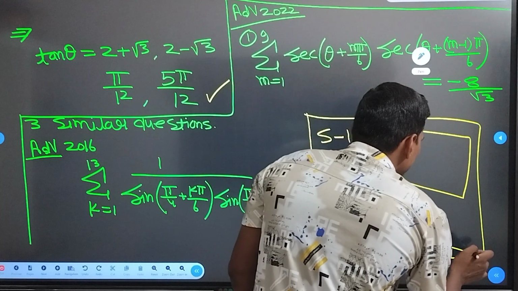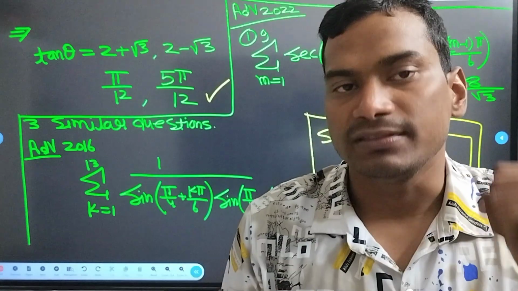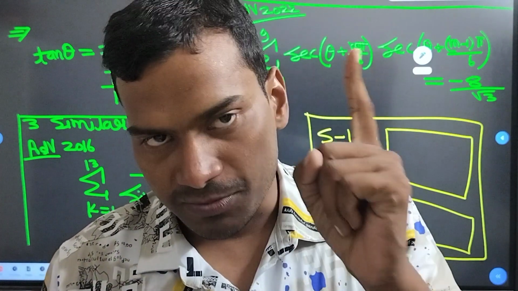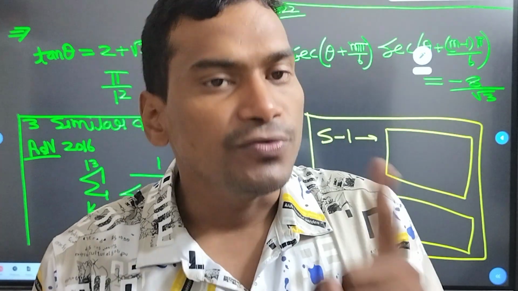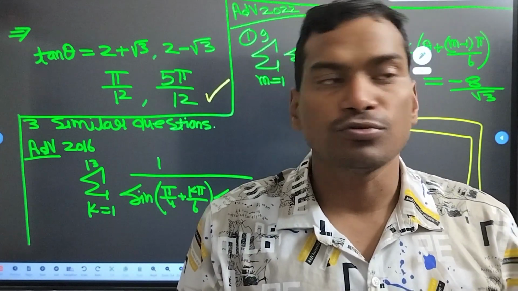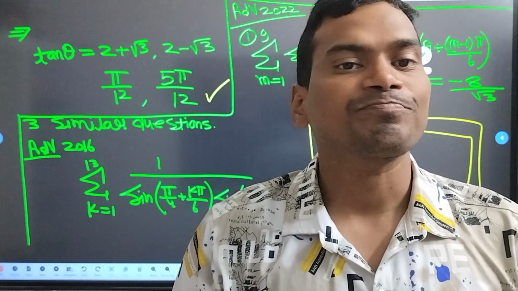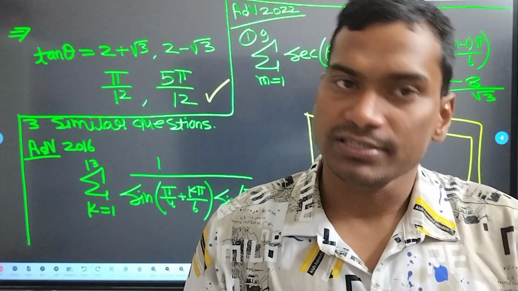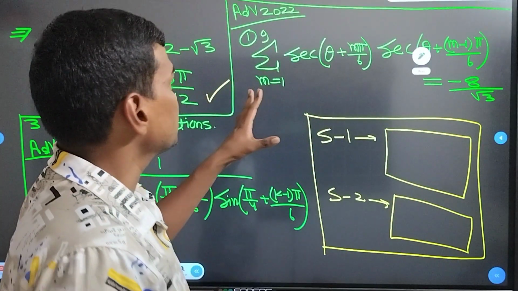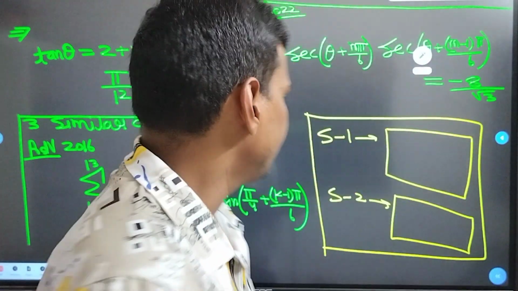Step number 2, put the values of k and get the final summation. That's why this method becomes more important. You will find many questions on inverse trigonometry also on this telescopic method. So practice this. Similar type of questions I will show you, and these questions you will try by yourself. All right.